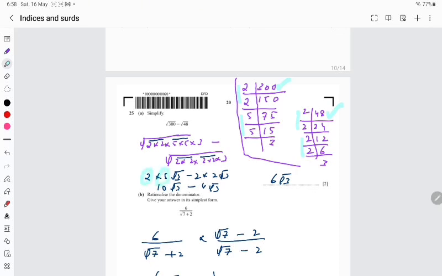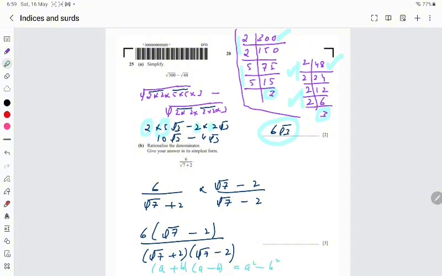They are out of this surd. And from 48, this 2 and this 2 come out like this. And 3 is left here, and 3 is left here. So it's 10 under root 3 minus 4 under root 3. Again, it's just like 10x minus 4x. So it is 6 under root 3.